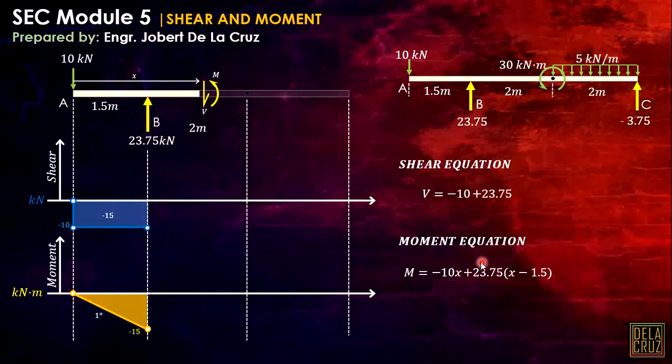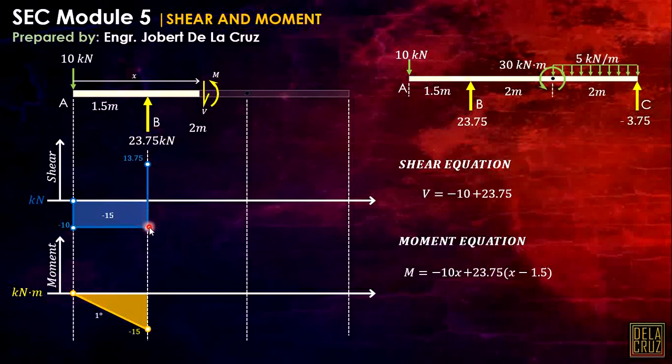The sign is plus here since it will bend the beam at this portion upward. That is what we have to remember. This shear will rotate clockwise, so that is plus.